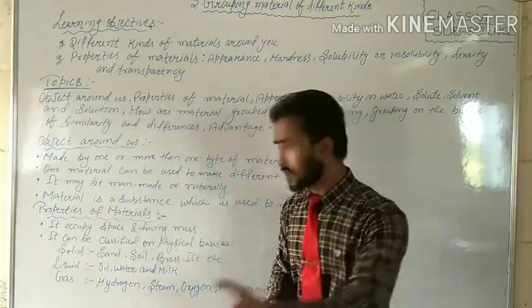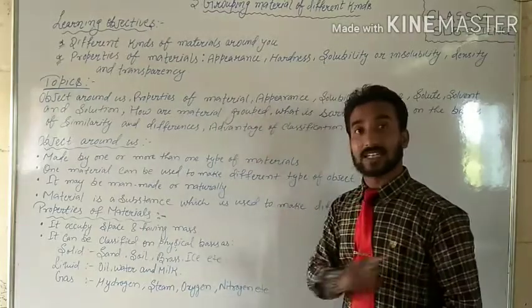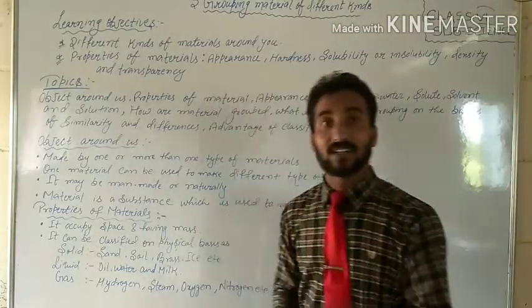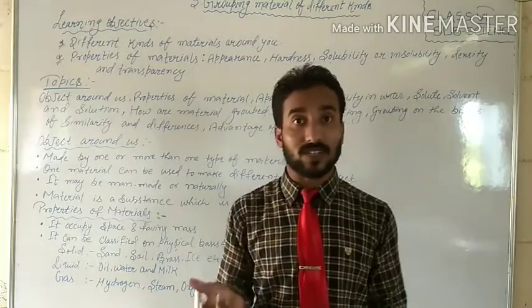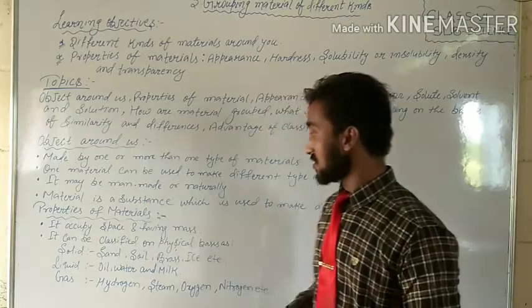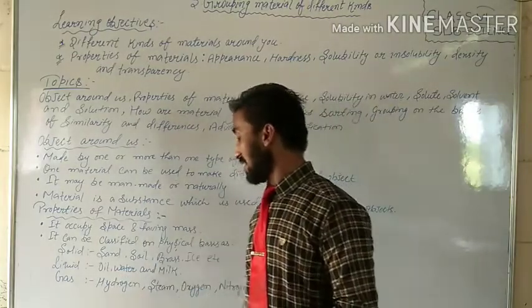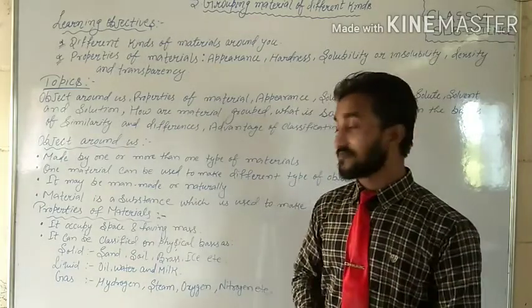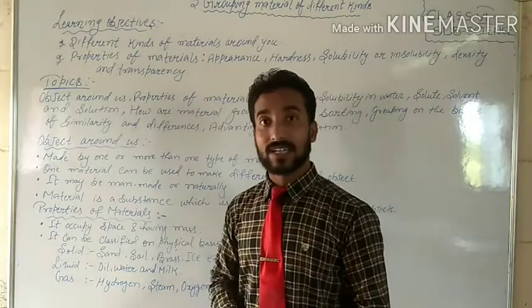But students, if I talk about liquid substances, what is a liquid substance? First of all, we require what? Water. Is that solid or liquid? That is liquid. Okay, students, liquids: water, milk, etc. These are forms of liquid.